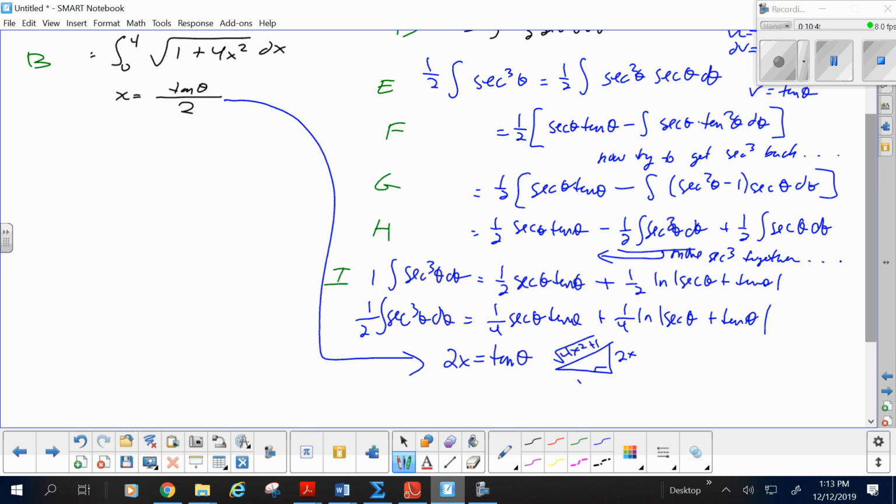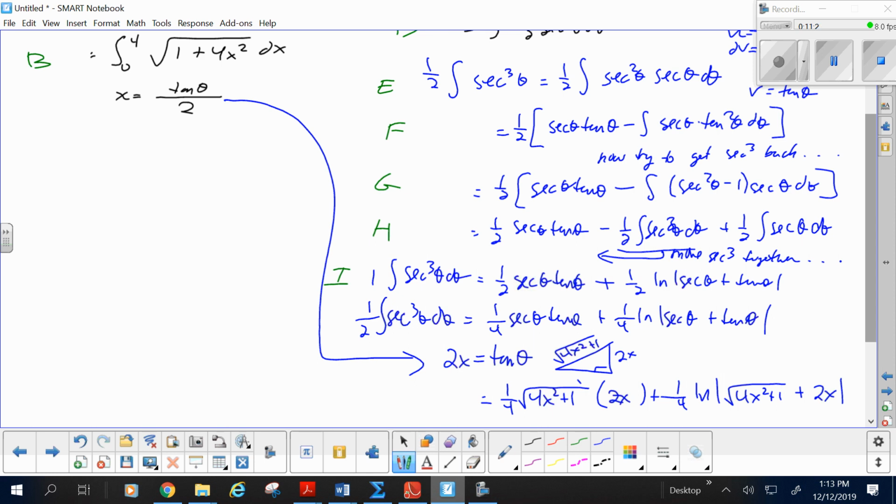So my antiderivative is 1/4 of, what's secant? Root 4x squared plus 1. And what's tangent? 2x. Plus 1/4 log of root 4x squared plus 1 plus 2x. That is our antiderivative.